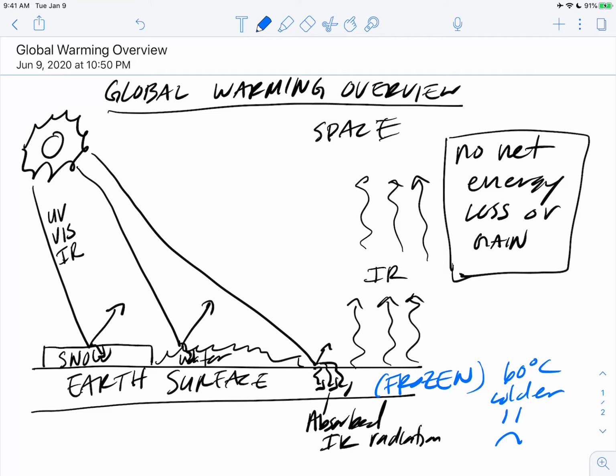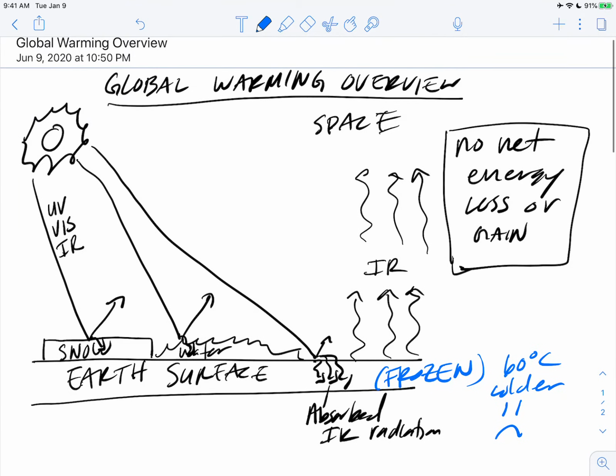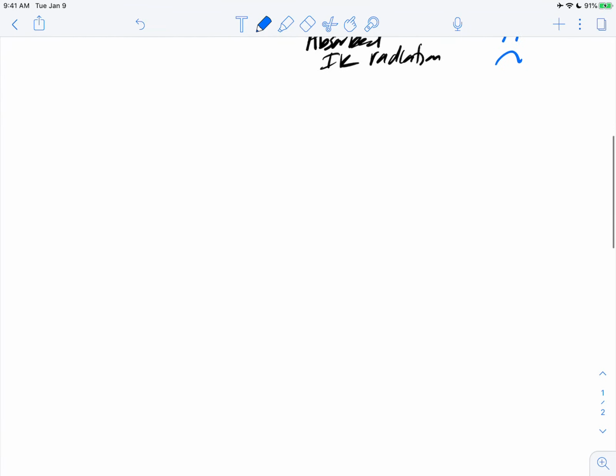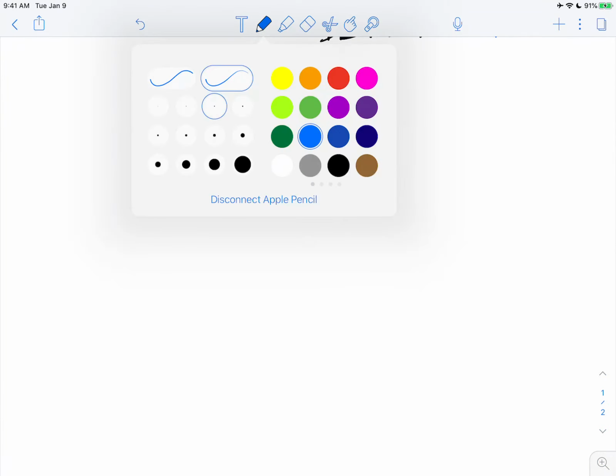Again, this is not real. I mean, everything's real, but there's no atmosphere in this depiction. We first need to know why greenhouse gases in general are good, because without them, we'd have a frozen surface. So let's look at what happens when we add greenhouse gases. We're going to have the same type of picture where we have the sun.